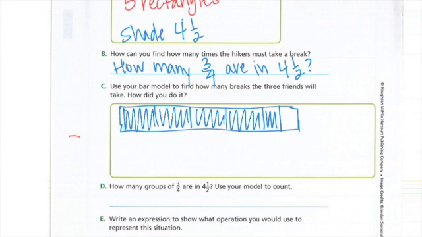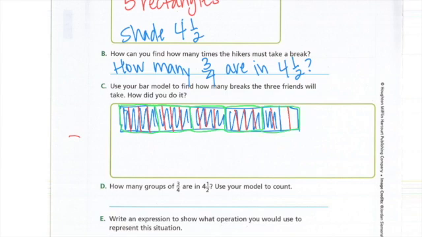But then we need those, how many 3/4? So we need to break our wholes into 4s. So you can see I have 1, 2, 3, 4, and then here's my 5th one where we just had the half, okay?